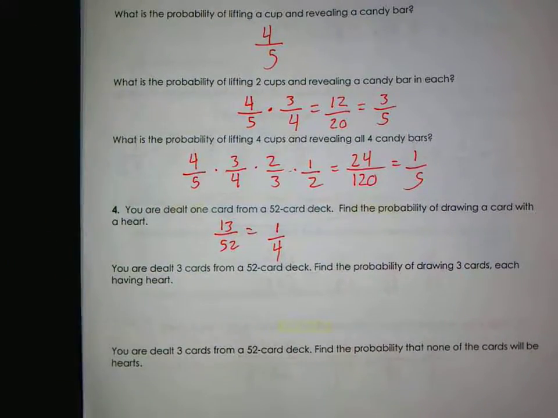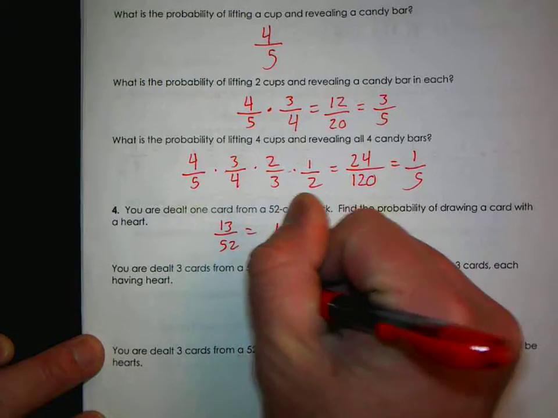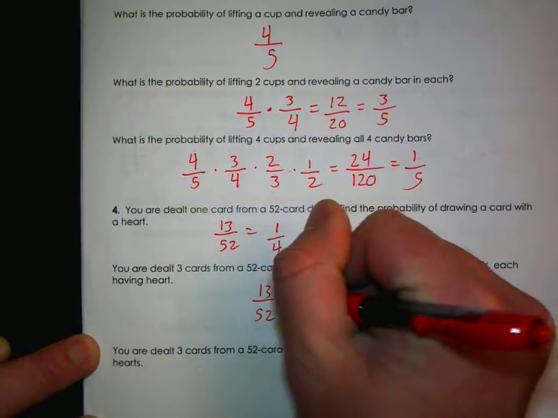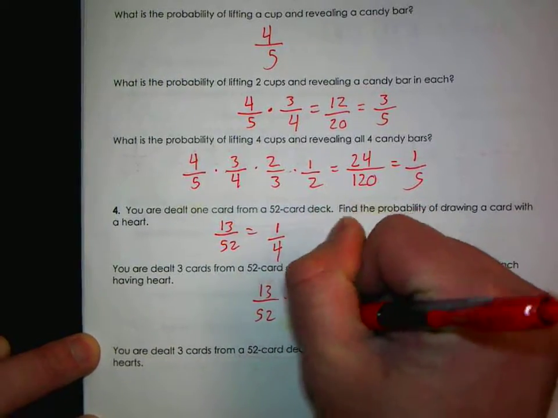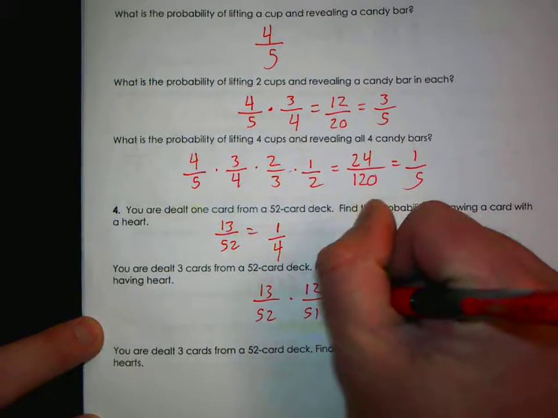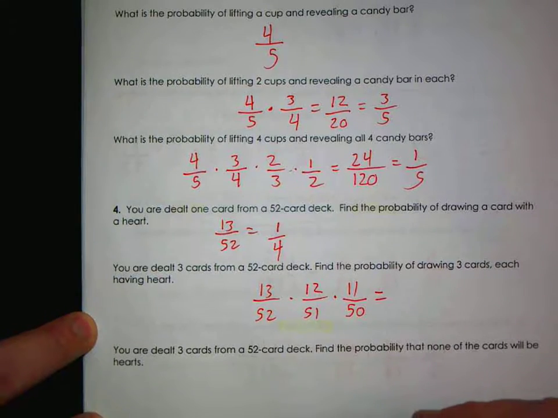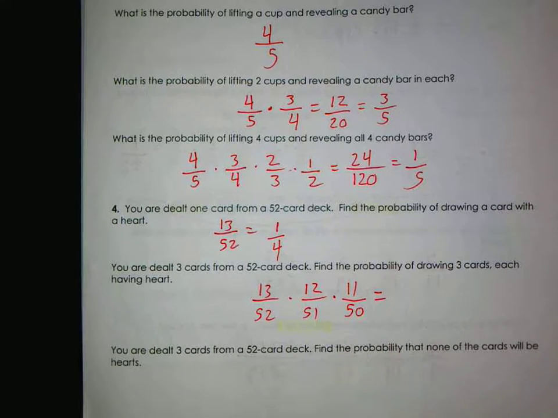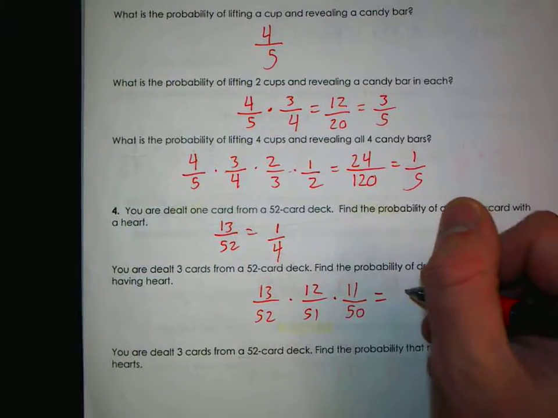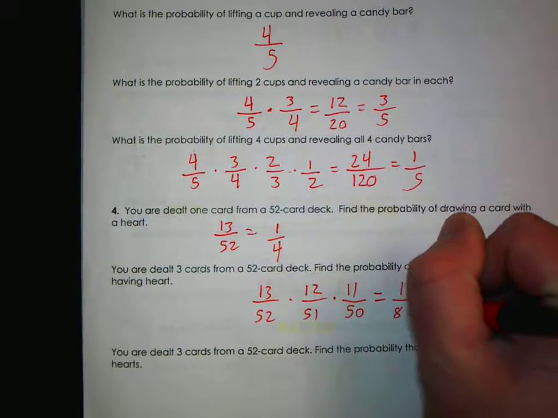So, we just said you would take 13 out of 52 times 12 out of 51 times 11 out of 50. Do the math. This becomes 11 out of 850 when you reduce it.